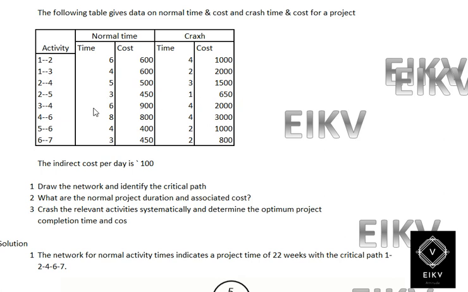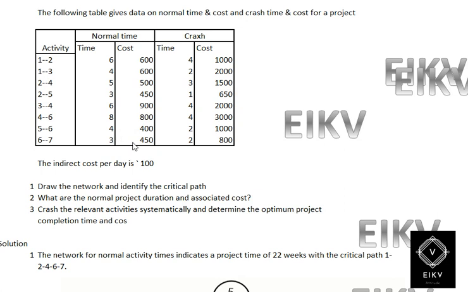to 650. Then the activity 3 to 4, 6 days is the normal time and 900 is the cost, which can be crashed to 4 days and 2000. Then the next activity it is 4 to 6, 8 and 800, crashed time is 4 and 3000. Then we have 5 to 6, 4 days and 400, 2 days and 1000 crash cost.